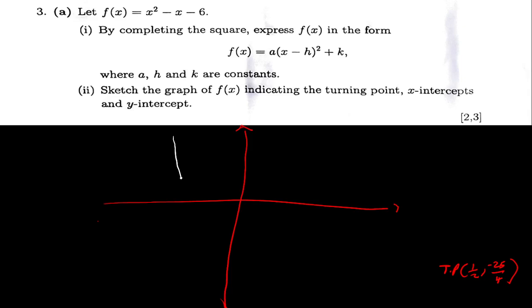So this is simply (1 over 2, -25 over 4). So lastly, the other thing which your lecturer or the marker will be interested in is for you to name this graph, which is f of x is equal to x squared minus x minus 6.